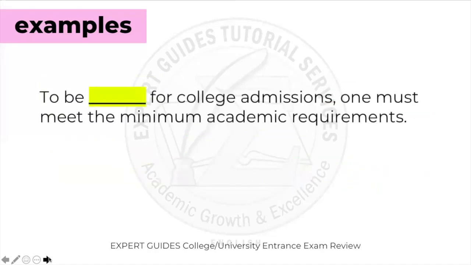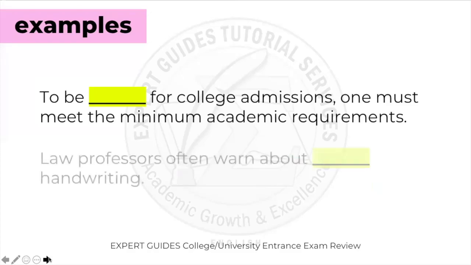For our examples, to be blank for college admissions, one must meet the minimum academic requirements. Second example, law professors often warn about blank handwriting. So I want you to supply the missing words.